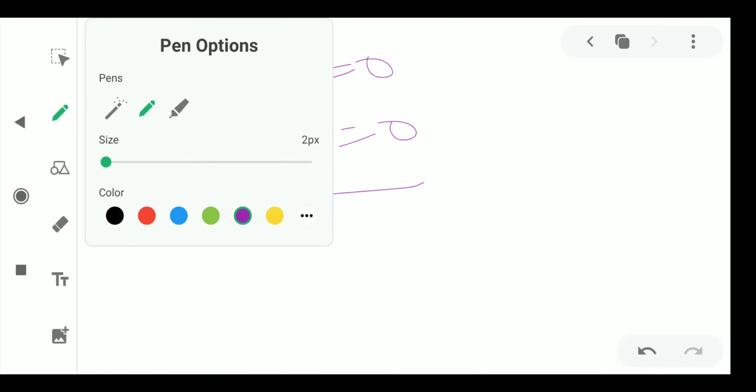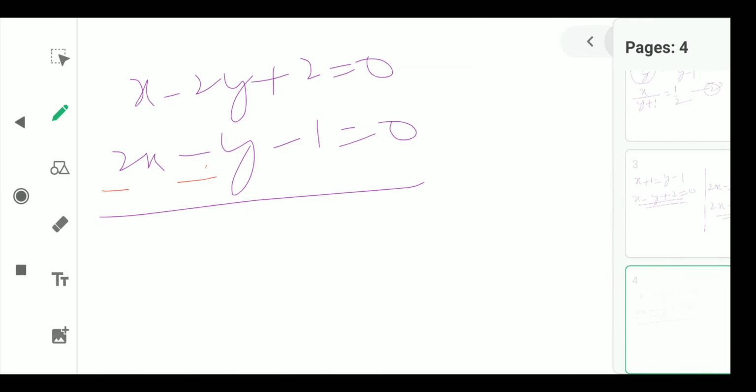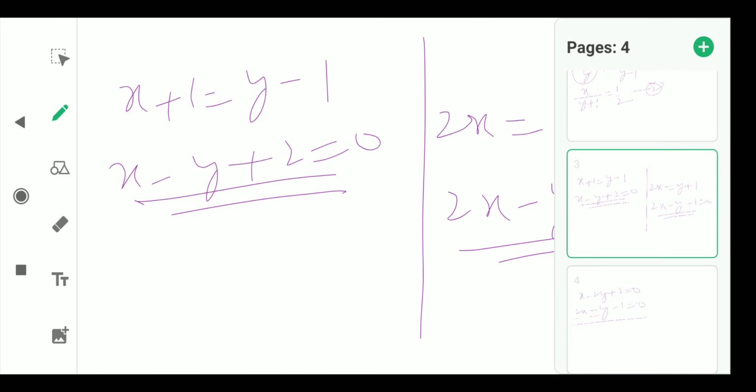I think we made a small mistake. What is the first equation? x minus y plus 2, sorry, x minus y plus 2, I made a mistake.